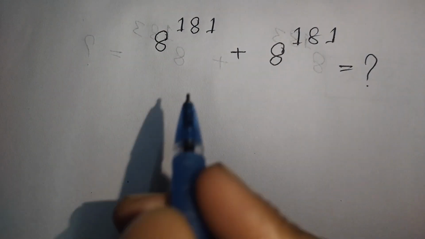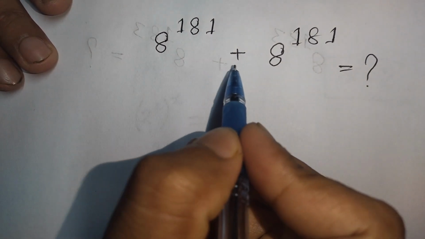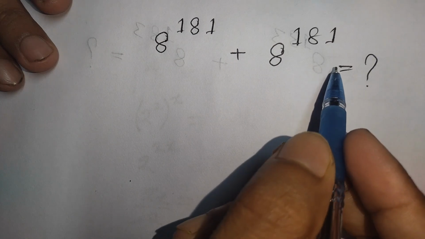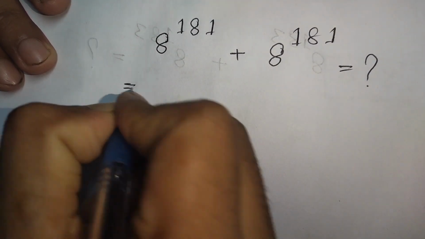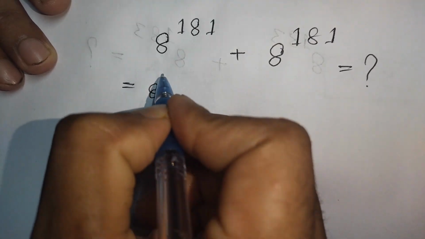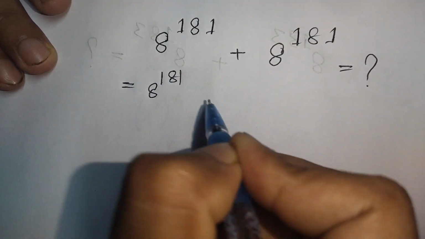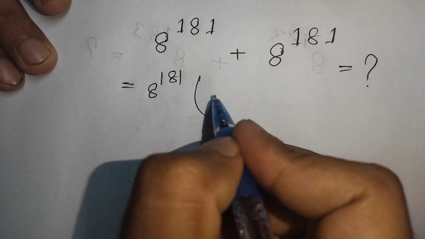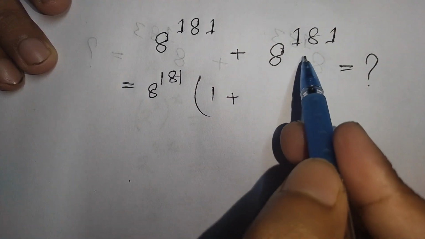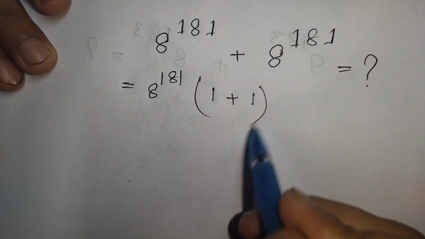How to solve 8 power 181 plus 8 power 181 is equal to what? At first we take common 8 power 181, first bracket start, this divided by this, that means 1, plus this divided by this, that means 1.